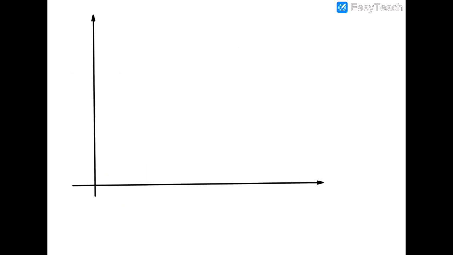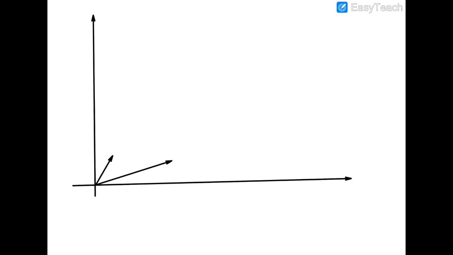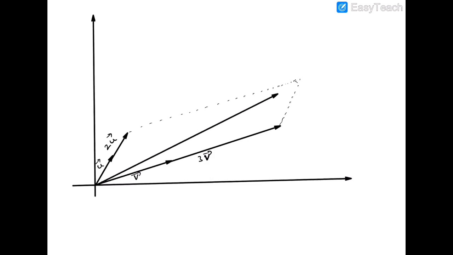Now let's take a scalar multiple of u and v. So if this is vector u and this is vector v, and if we scalar multiply u with 2 and v with 3, then we will get 2u and 3v. Now let's draw a line parallel to vector 3v and a line parallel to vector 2u.